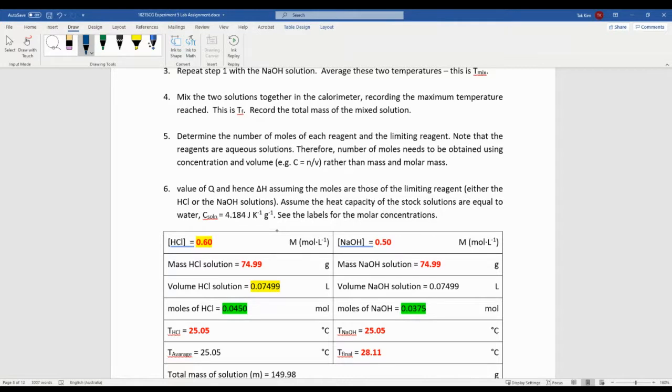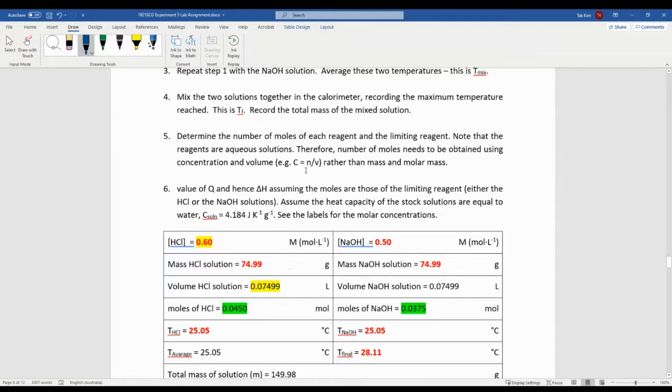And since you could not measure the numbers given, about 75 grams of each, which is the same as 74.99 milliliters. Because the density of water is, from here to here, I use the density of water.